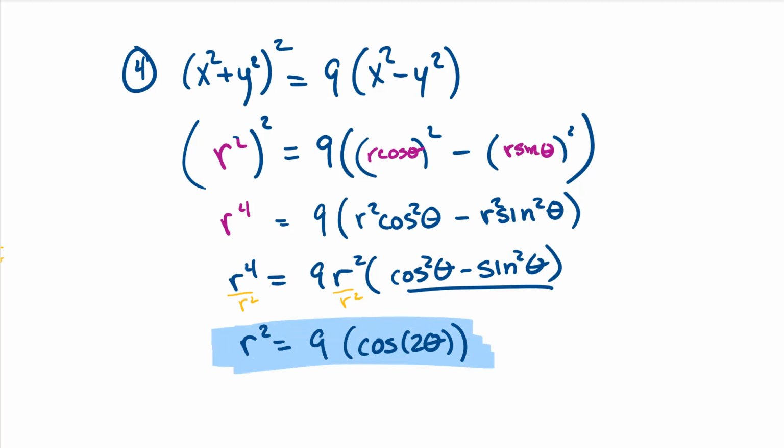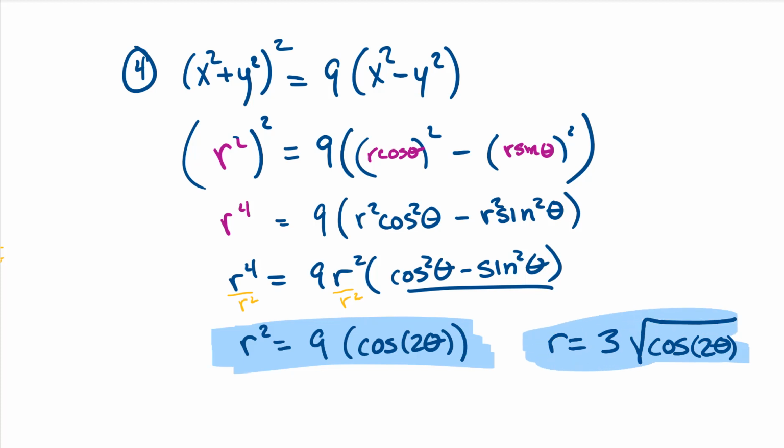R squared equals is okay. Typically we want to have r is equal to though. So maybe we end up with 3 times the square root of cosine of 2 theta. Either or, both acceptable. We're usually okay with an r squared out there. It just depends on preference.